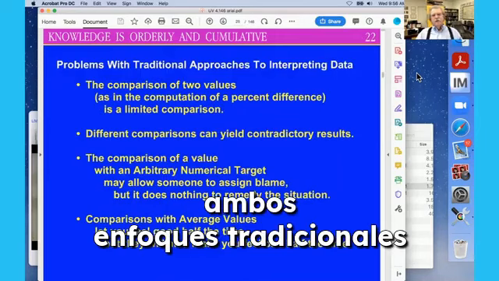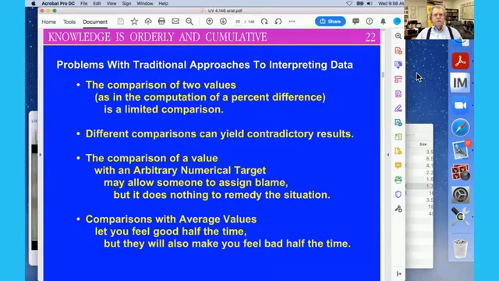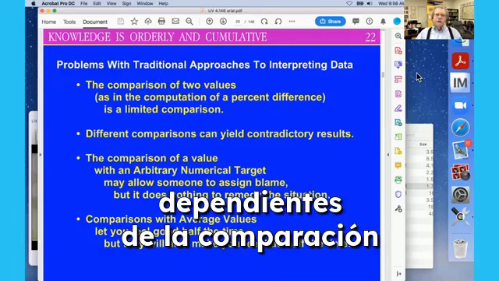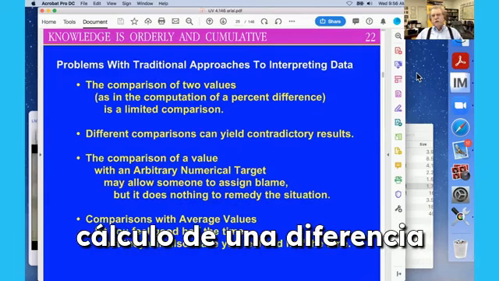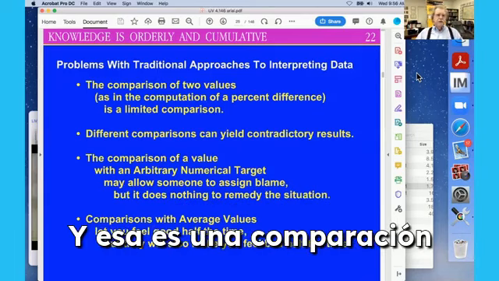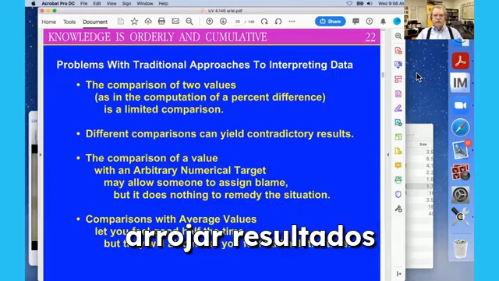You see, both of these traditional approaches to interpreting data depend upon the comparison of two single values, or the computation of a percent difference. And that's a limited comparison. Different comparisons can yield contradictory results.